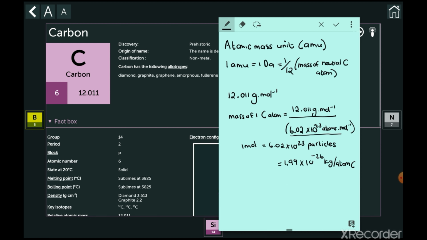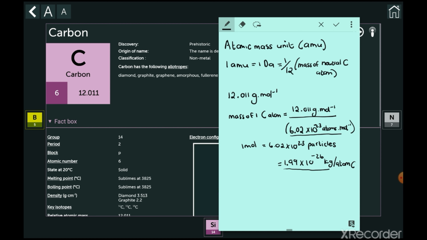It's tremendously big. So what is the mass of one carbon atom? And there you go. Now look at that number. It's negative 26. So you can see how very small a mass that is. It's actually quite light. So that's the mass in kilograms of one atom of carbon.